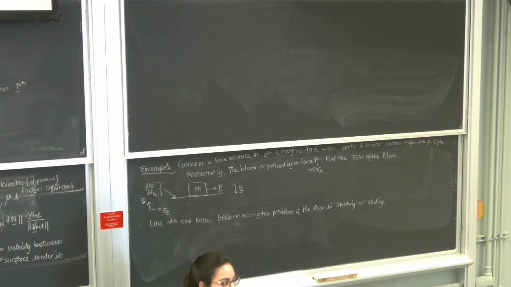Do we just solve for both cases? Kind of. Ideas? Okay. That's what we're gonna do. We're gonna first assume that the friction is static and then solve for the friction force. And then what do we need to do to verify our assumption once we've solved for the friction force?